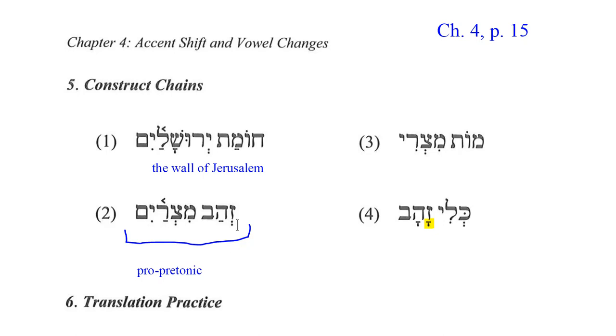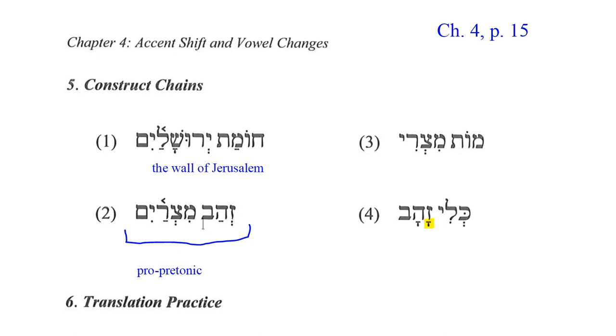And if you remember the vowel rules, this was originally open, za. So if we have a full vowel in an originally open syllable that becomes pro-pretonic, that vowel typically reduces. And so here we have it reduced to a vocal schwa.